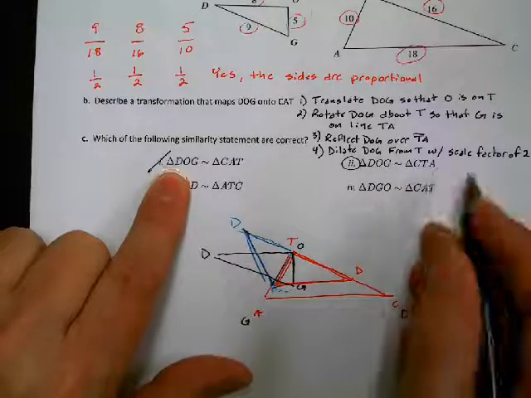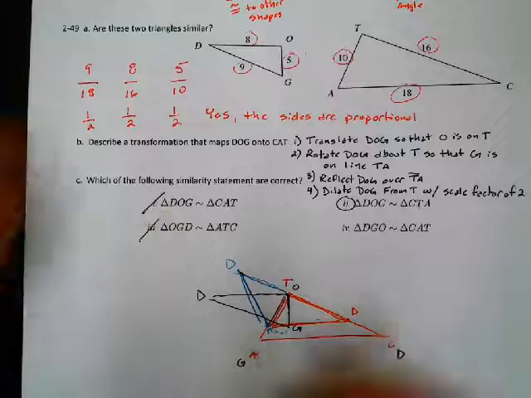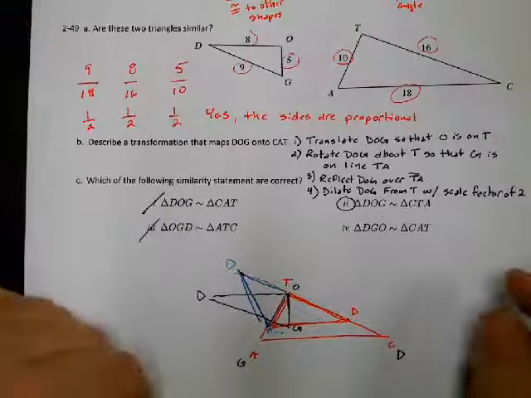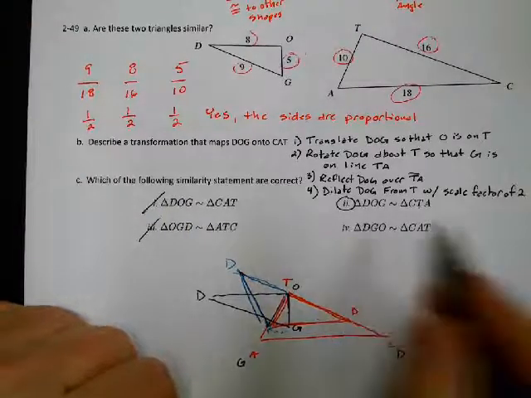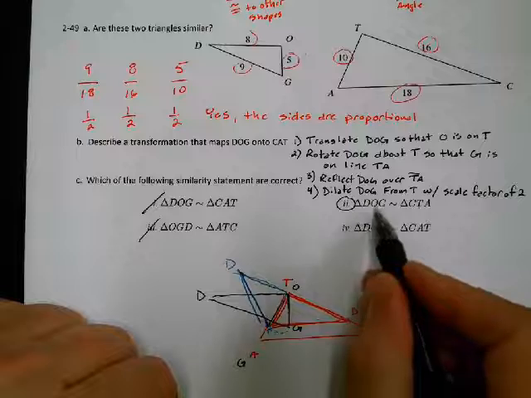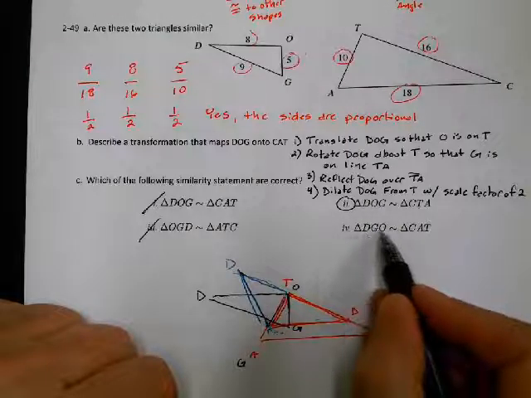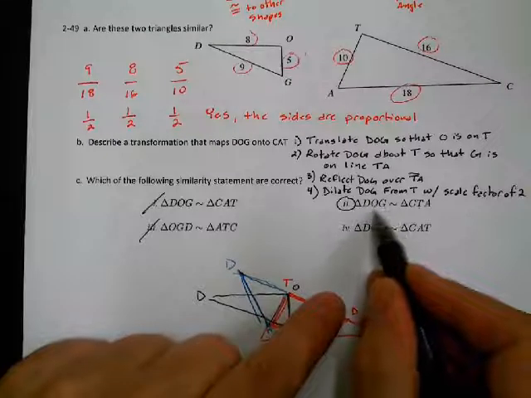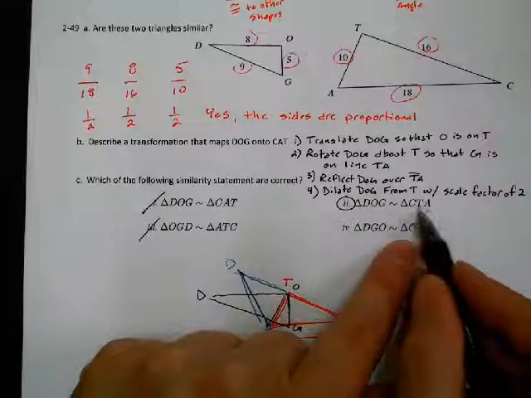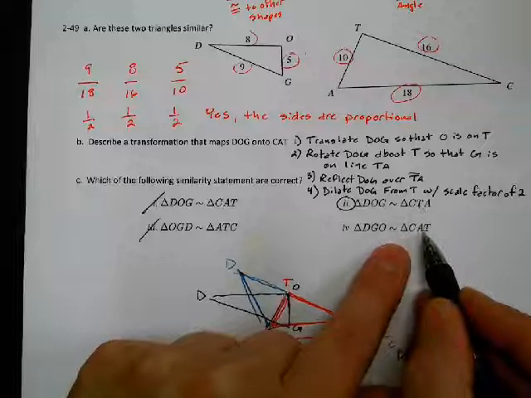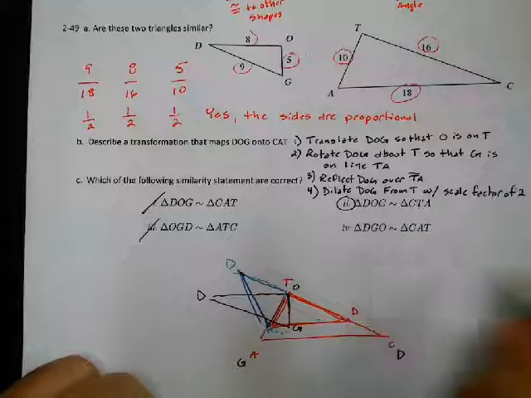And then the last one, we've changed the order of DOG to DGO. So I switched the O and the G. Well, over here, I switched the A and the T. So this should still work. DGO should be similar to CAT because we're matching up the similar sides.